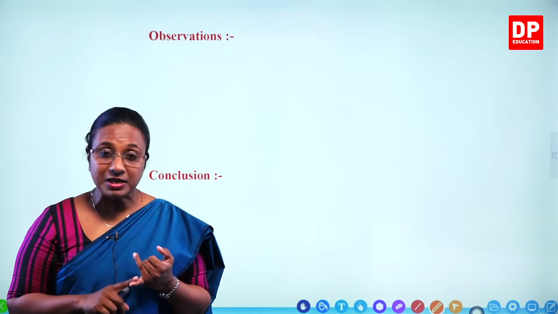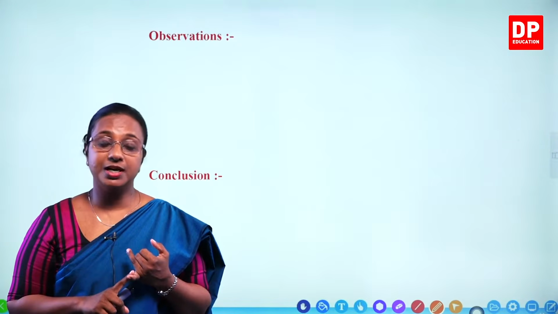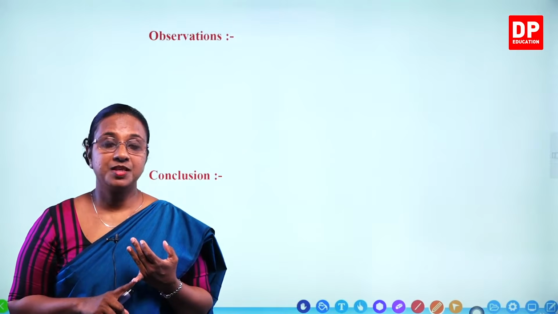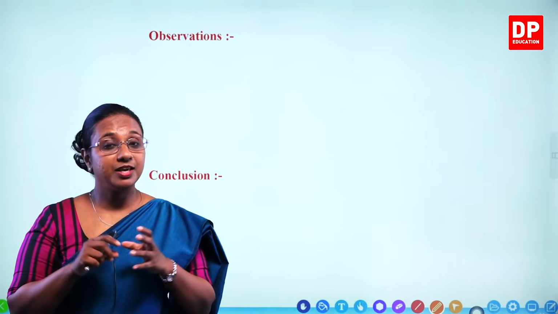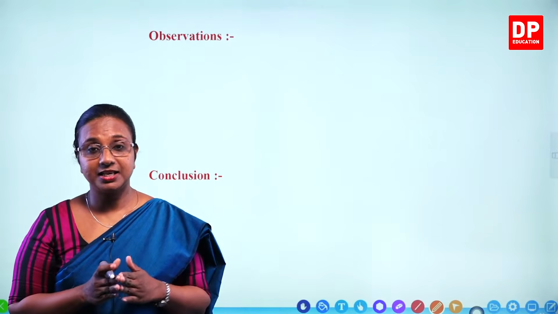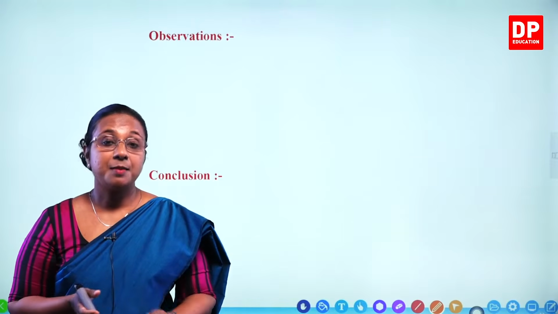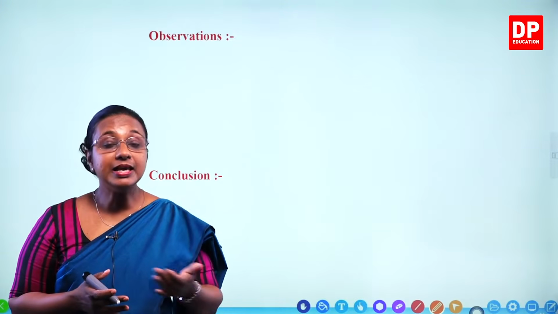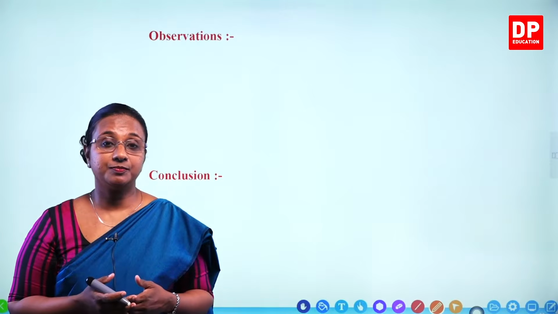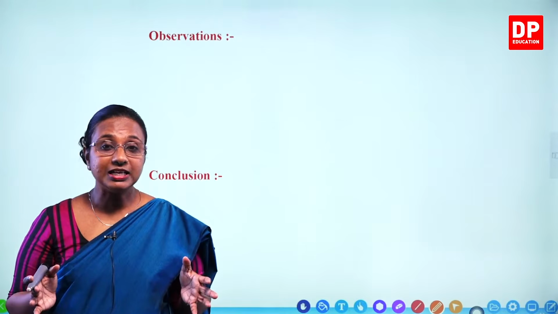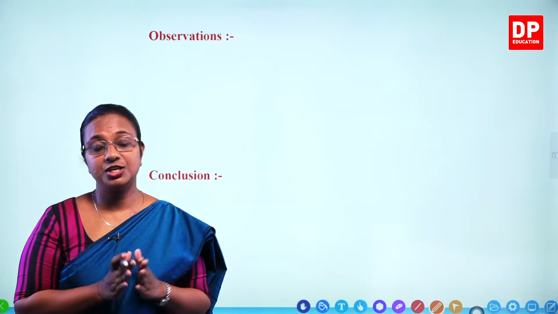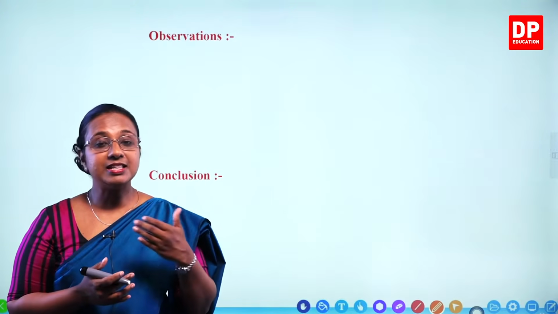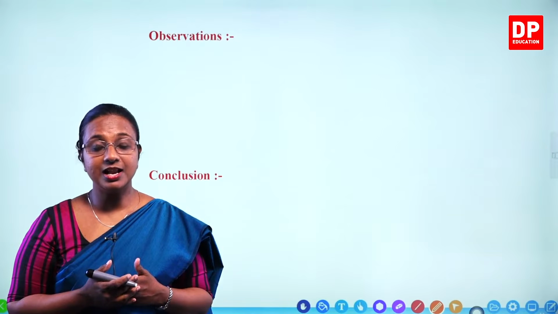One, the mixture is made up of two components, naphthalene and copper sulfate. Then you saw that we could not differentiate the particles easily. But during the second part of the activity, when we dissolve it in water, you saw clearly a blue color solution was formed, or it dissolved and the solution became blue in color.